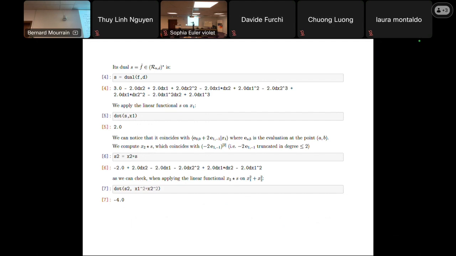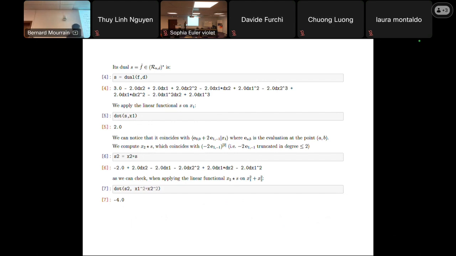It's like multiplying by the inverse of x2, dx2, and keeping the positive exponent. If we multiply by the inverse here, we get a negative exponent there. This x2 will disappear, this one will become x2, and so on.